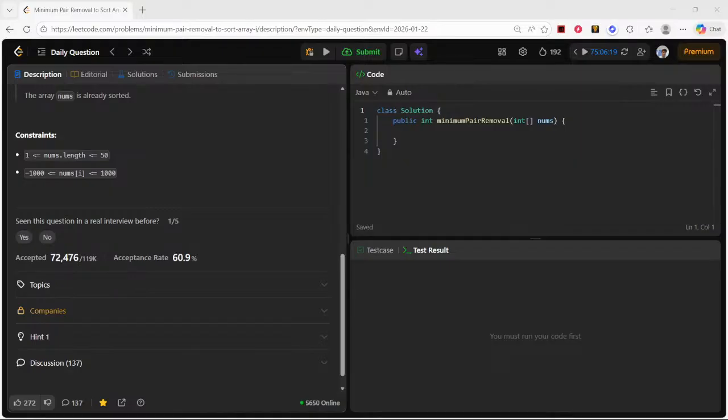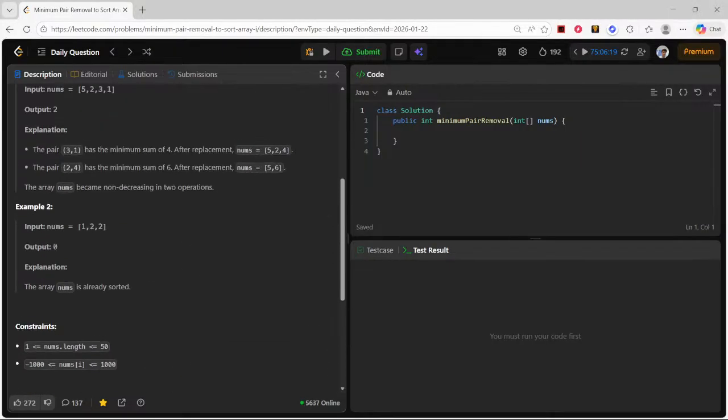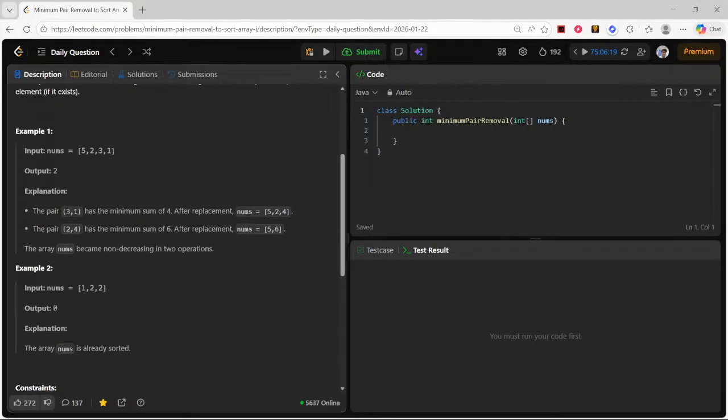Take this question, 5 2 3 1, an unsorted array. Now we have to find the adjacent pair with the minimum sum. The smallest pair is 3 1.